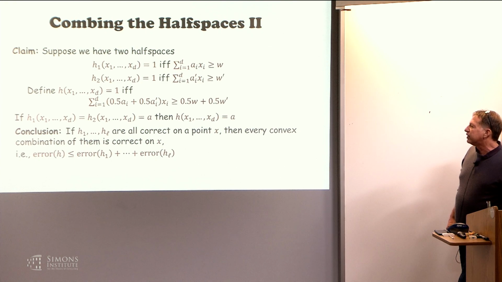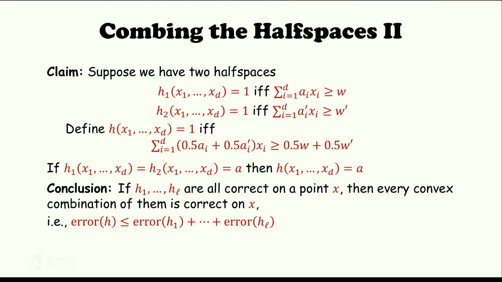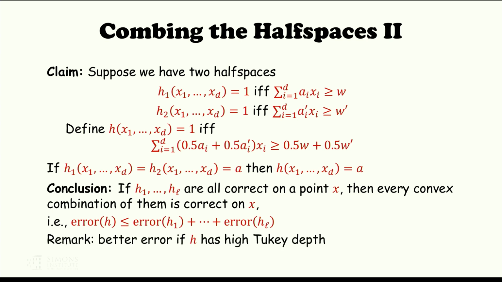As I said, in this case, we know how to prove that the error will grow as the sum of these errors. We have a better analysis if we take not just a convex combination. If you take a point with high Tukey depth, then the error will be less than the sum.